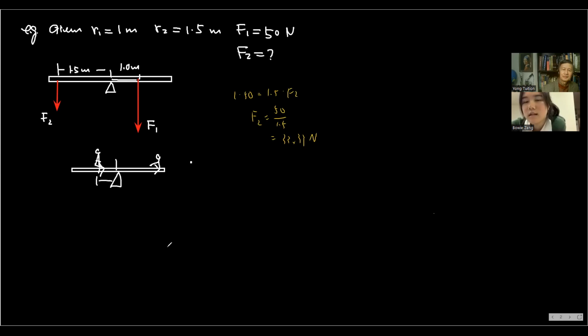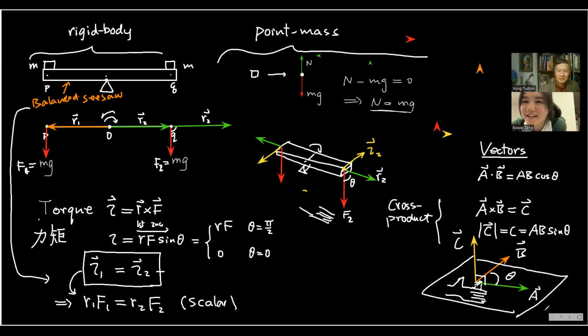Do you agree? That's as simple as that. In the previous page you've written tau 1 equals tau 2, but they're going in different directions.